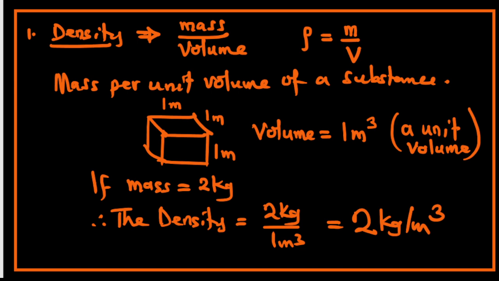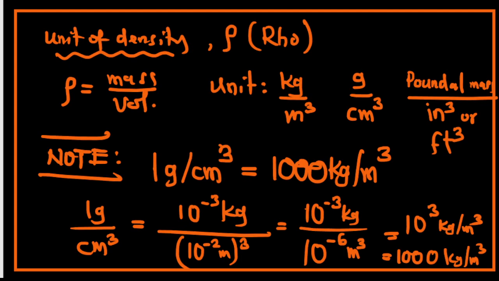Density for water is 1000 kilogram per meter cube, or 1 gram per centimeter cube. I talked about conversion of density from gram per cm cube to kilogram per meter cube and vice versa. 1 gram per cm cube is equal to 1000 kilogram per meter cube. This is the proof below here.